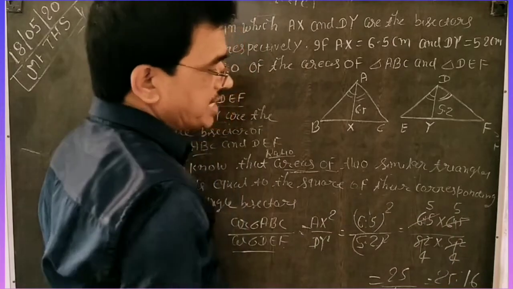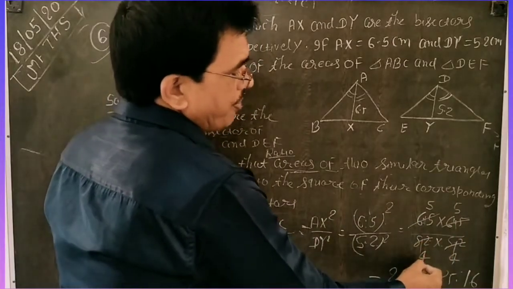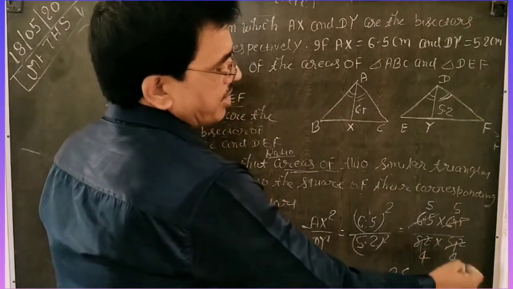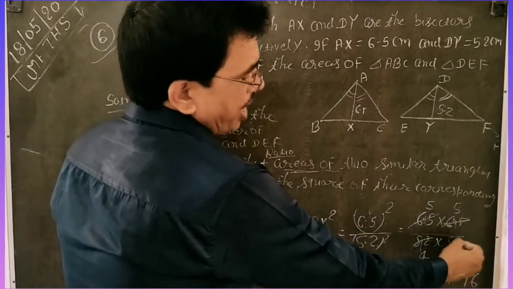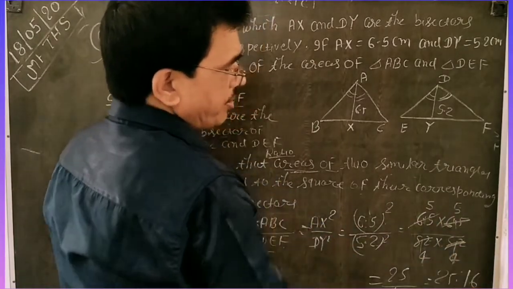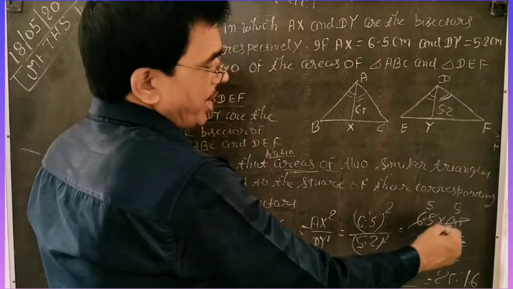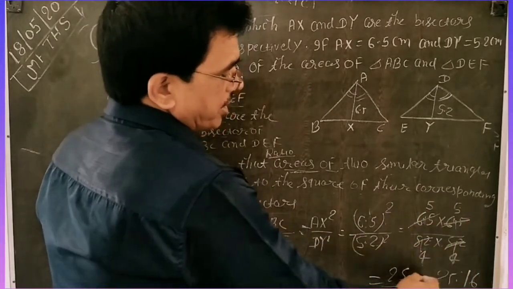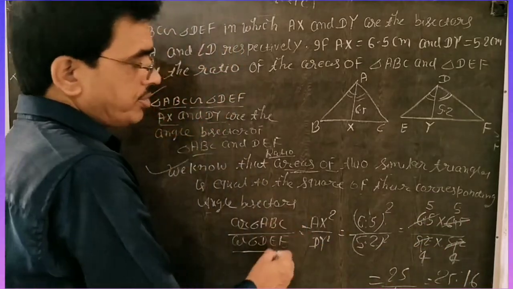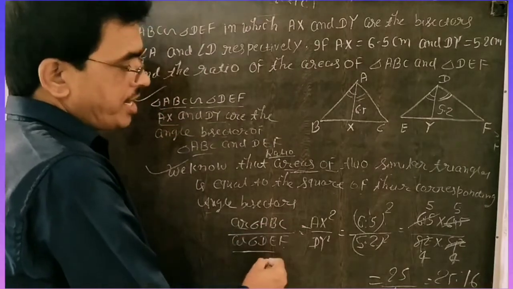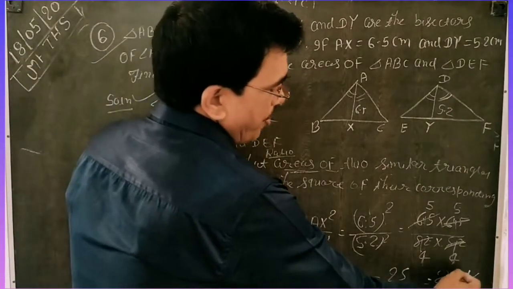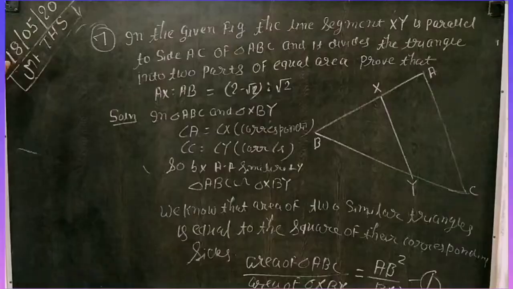The decimal point will be cancelled. 13 fours are 52, 13 fives are 65, 13 fives are 65, and 13 fours are 52. 5 into 5 is 25, and 4 into 4 is 16. So the ratio of the areas of the two triangles ABC and DEF is 25 to 16.